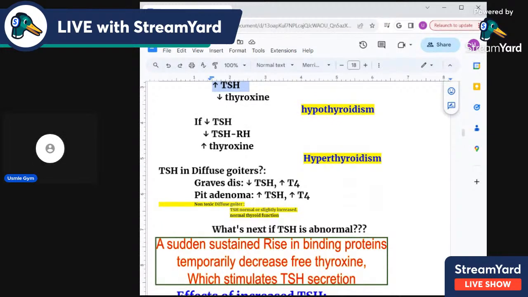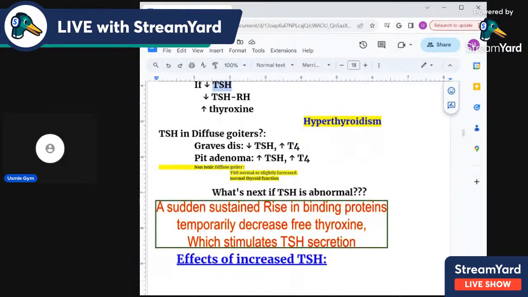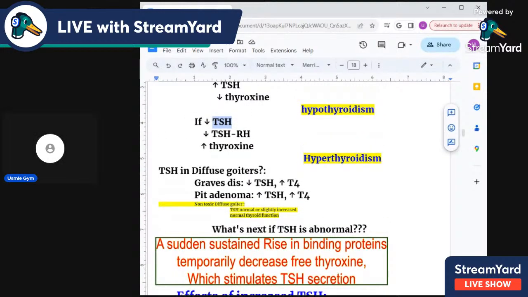Next condition, if there is decreased TSH release hormone but increased thyroxine, the increased thyroxine has an inhibitory effect that causes decreased production of TSH and TRH. This is due to hyperthyroidism, with autonomous or autoimmune causes.